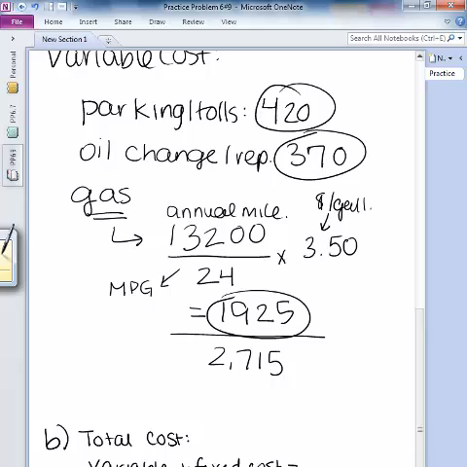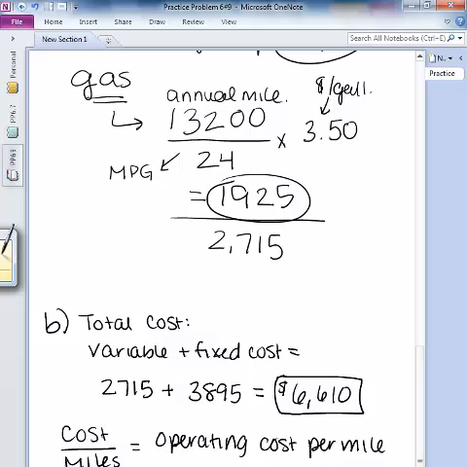So that's our total cost, and we want to take total cost and divide by our total mileage. Cost divided by the miles will give me my operating cost per mile. So 6,610 divided by 13,200, we're going to get about 0.501.